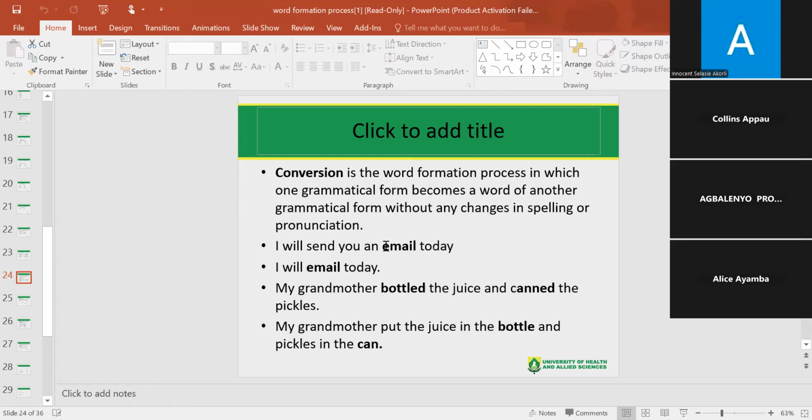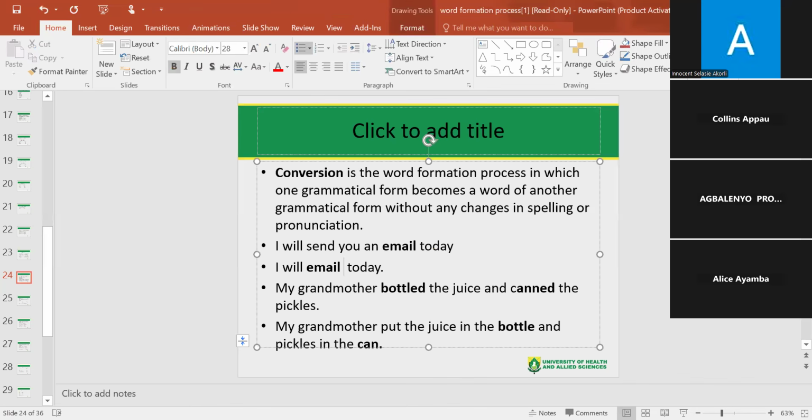I will send you an email. So email is a noun. But when I say I'll email you today, I will email you, then email is now used as a verb. Okay, yes.